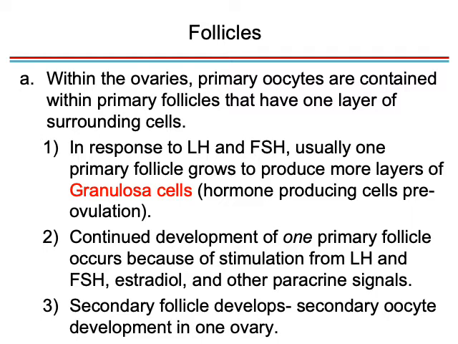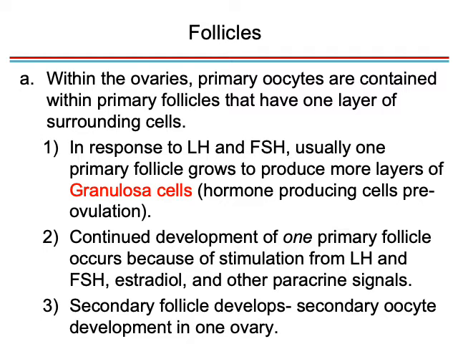In response to luteinizing hormone and follicle stimulating hormone, these follicles now start to develop a larger layer of surrounding cells known as the granulosa cells. These granulosa cells during the menstrual cycle will serve as the endocrine organ of the ovary.